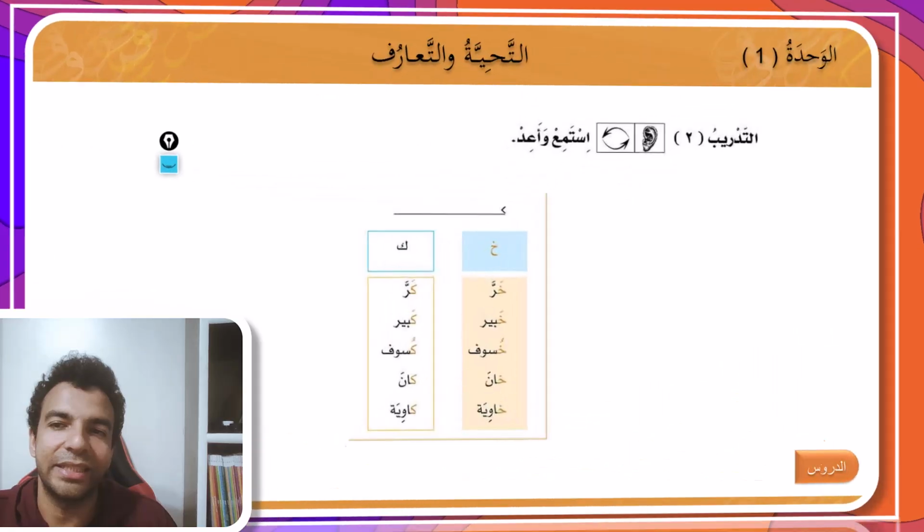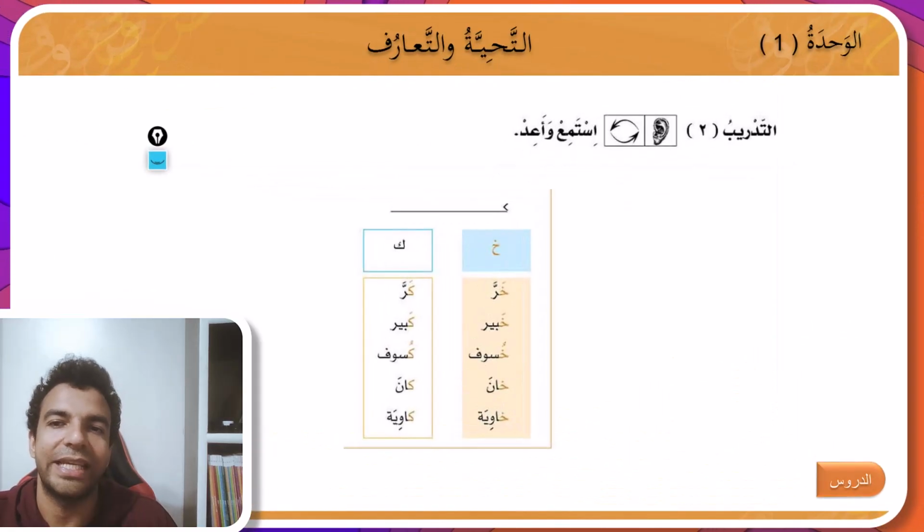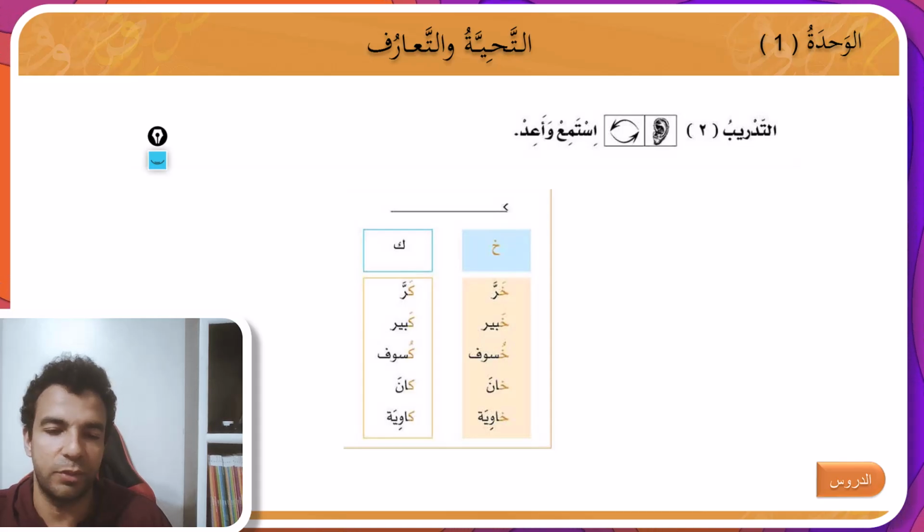And now التدريب الثاني. استمع وأعد. We will see and hear the similarities between the Kha and Ka and how to differentiate between them by listening. What I will do now is that I will pronounce both of the words, and all you need to do is to recognize the difference between them.